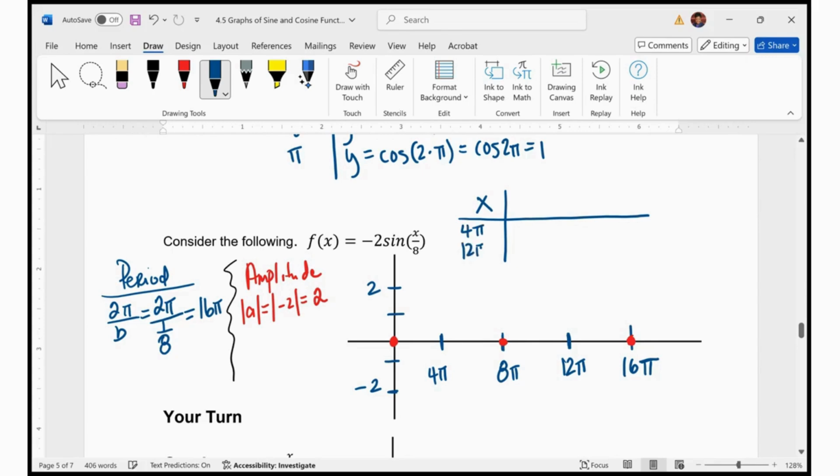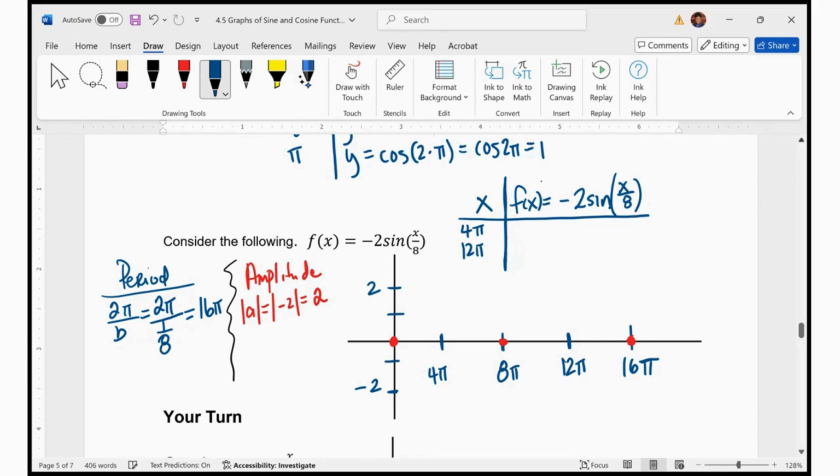Let's plug it in. This is -2 sine of x over 8, until we get the gist of what we're doing, and then we'll probably use some more shortcuts.